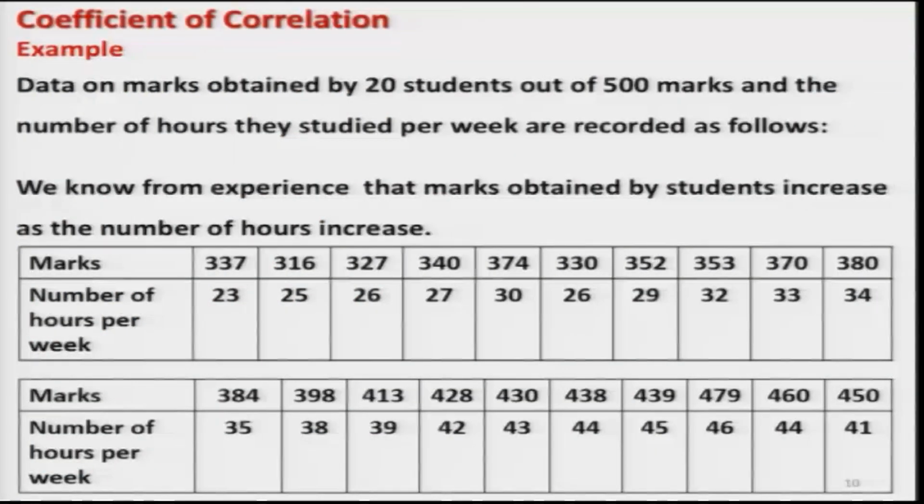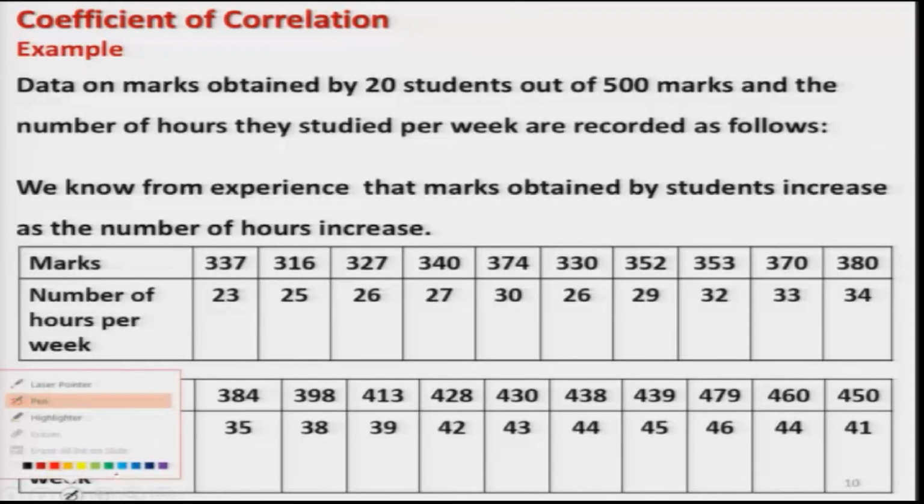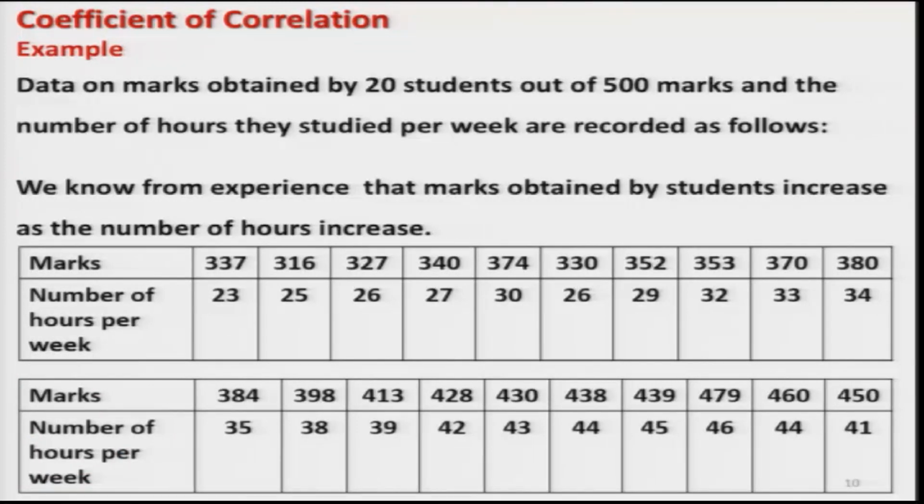Now, I try to take an example to show you how the interpretation of correlation coefficients comes into the picture. Suppose I take a data set where I have obtained the marks and the number of hours of study by 20 students. This is the same example which I have considered in the earlier lectures while making different types of graphics or bivariate plots.